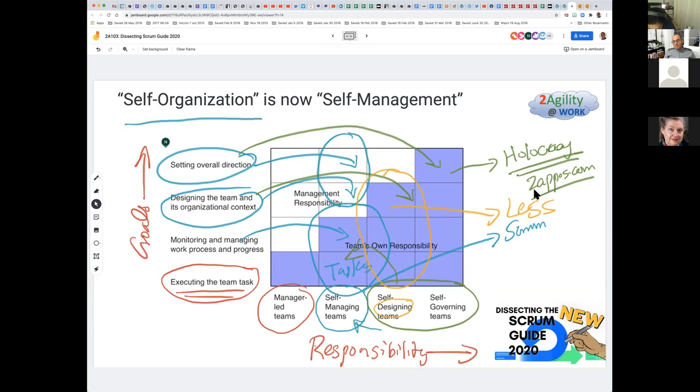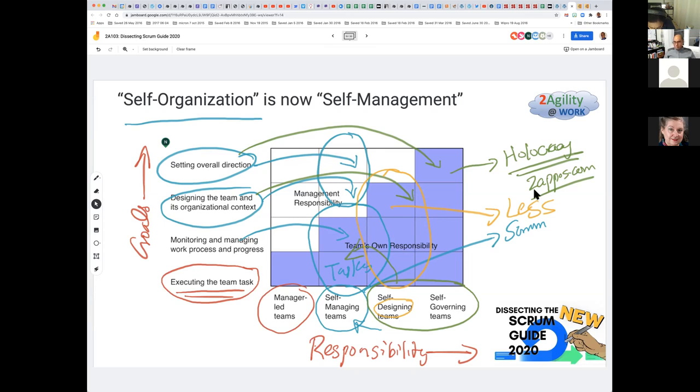I work with hundreds of coaches in Europe as part of the large-scale Scrum group. And we see that in Europe, we don't teach it this way because there is no other word for accountability. Accountability and responsibility both translate to responsibility in a European context. And I don't know how it is in Asian languages, but it's something that I wanted to point out.